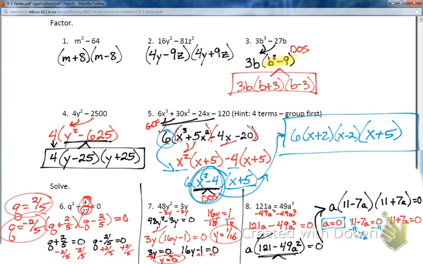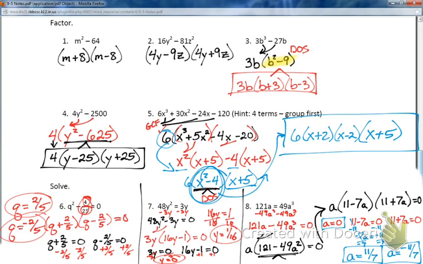Negative 7a equals negative 11. Divide by negative 7 and find out that a equals positive 11 sevenths. And you'll recognize that the other one ends up being a equals negative 11 sevenths. So you got 3 answers for that problem: 0, 11 sevenths, and negative 11 sevenths.